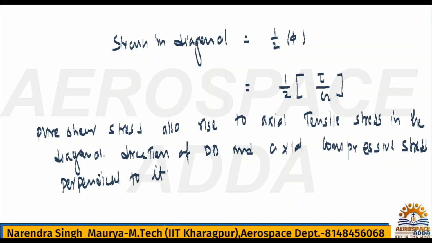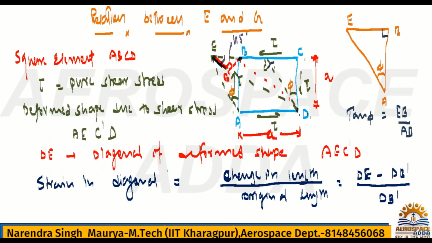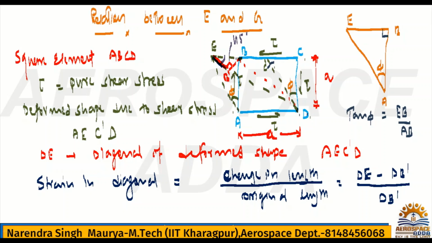Very simple. If you just see one more time, I will try to explain. You will understand. Once deformation happens because of the shear stress, along the diagonal DB the length increases, so it becomes DE now.